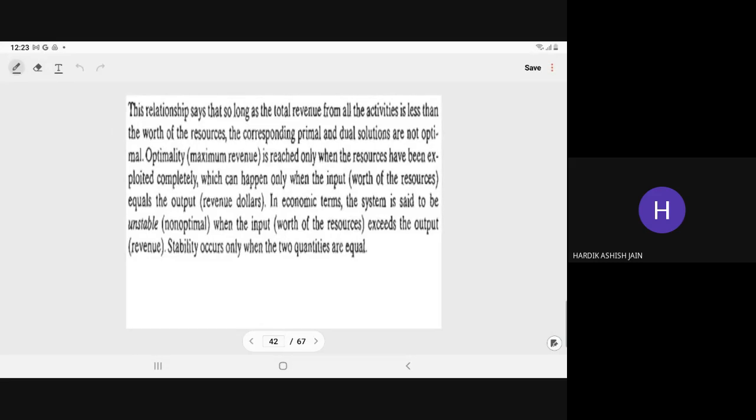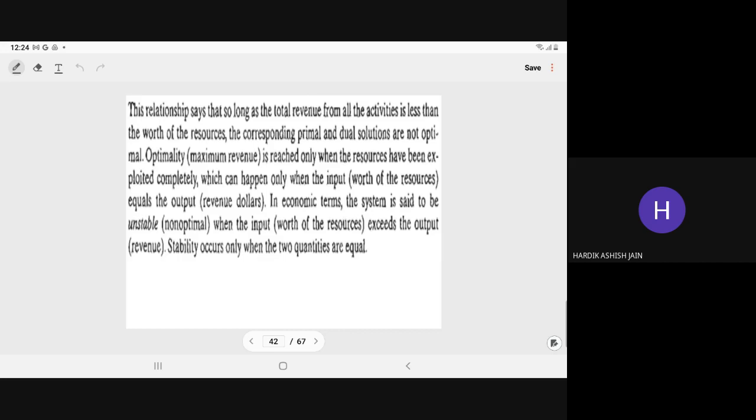Unstable means not optimal, because you are not utilizing the complete worth of the available resource. When input worth of the resource exceeds the output, stability occurs only when the two quantities are equal. Clear? What is the meaning of the dual variable here?